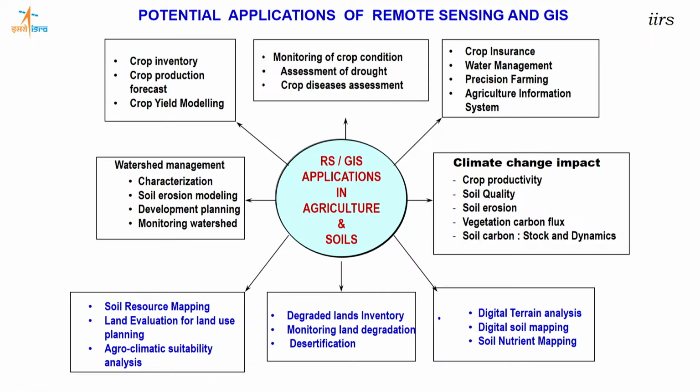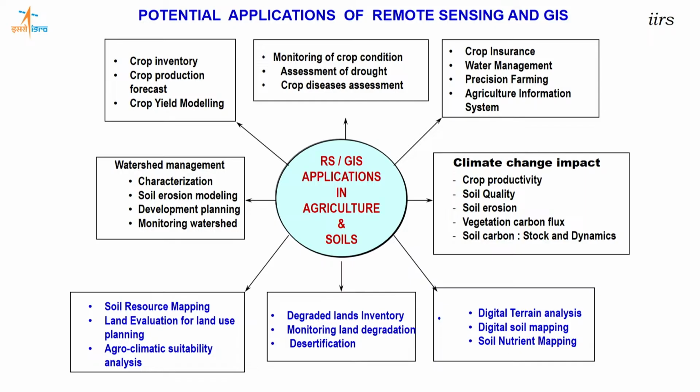So there are various applications of remote sensing data today, and you can say remote sensing data has been recommended and is widely used for precision agriculture, because from remote sensing data you can find out where the crop condition is poor, where the soil nutrients are low or high.